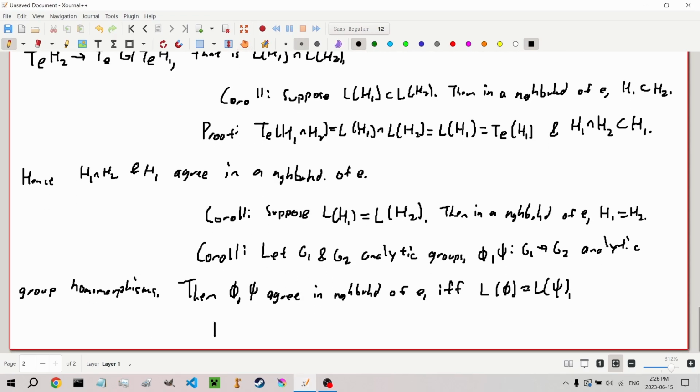And we should actually go ahead and prove this one. The graphs G phi and G psi of phi and psi in G1 and G2 are group submanifolds.